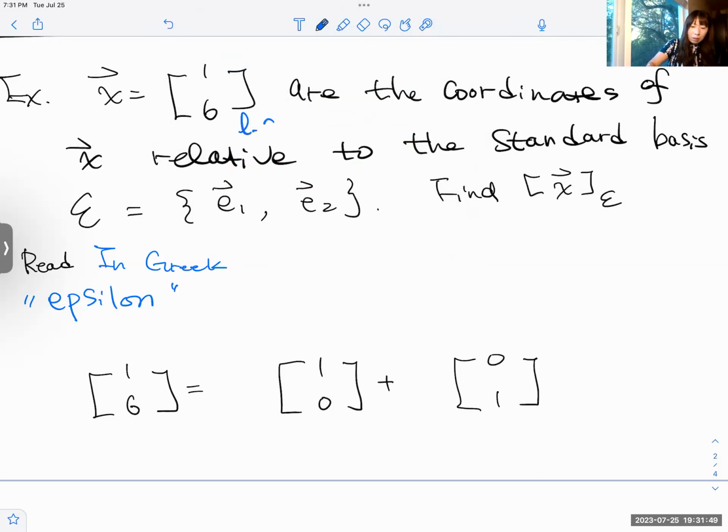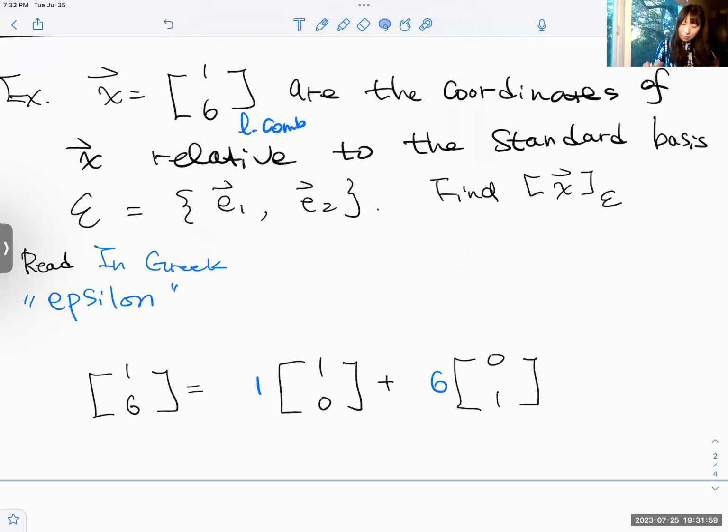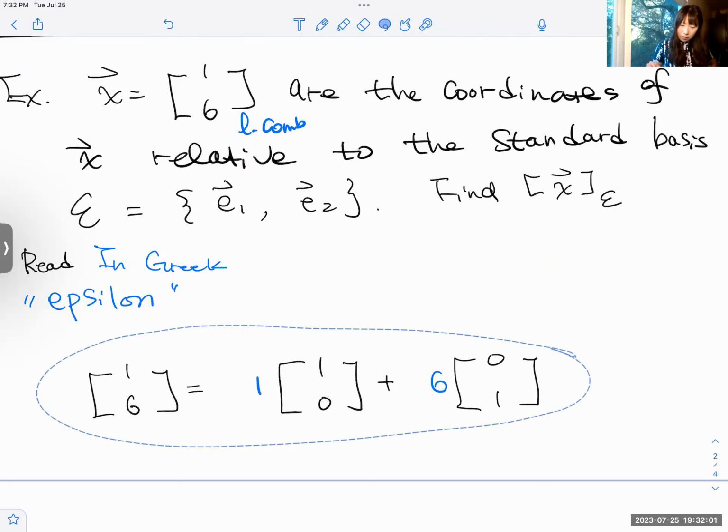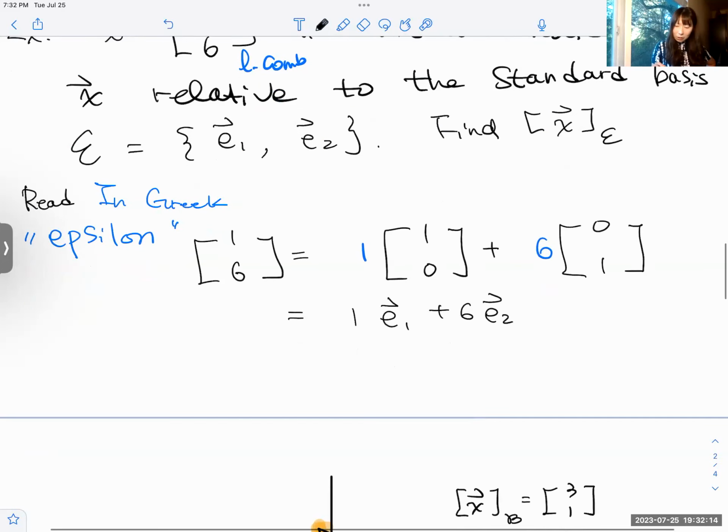For the first, 1, 0, it'd be a 1, and for the second, 6. So this will be equal to 1 e sub 1 plus 6 e sub 2.